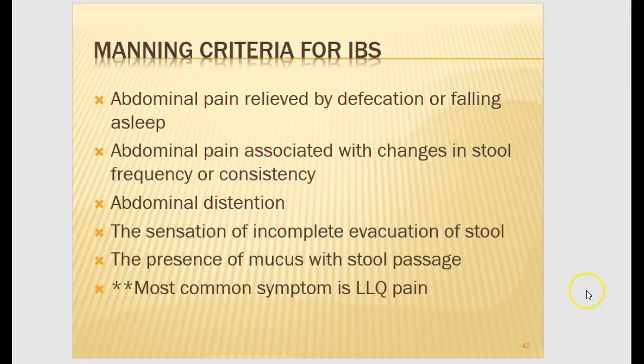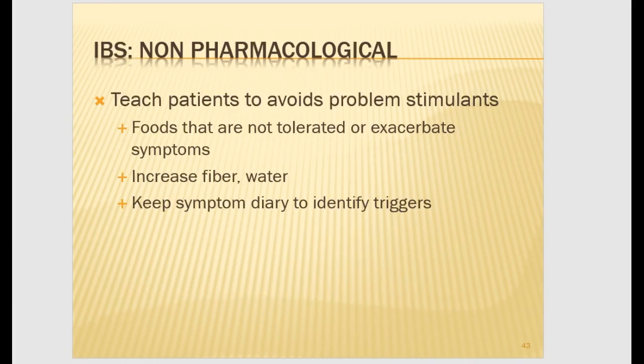When talking to your patient about irritable bowel, start by assessing abdominal pain. Is it relieved by defecation or falling asleep? Abdominal pain associated with changes in the stool, frequency or consistency, and read the other bullet points. These are all important. So here are some non-pharmacological things.